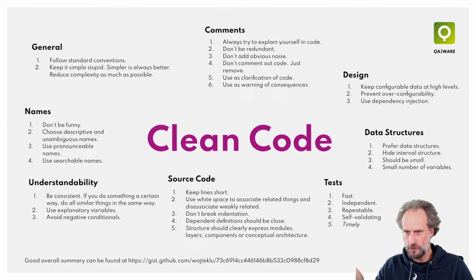So this is over-configurability. Be careful with that. Use dependency injection. And yes, you can use dependency injection on a Terraform infrastructure code level. You just need to know the tools that can help you with that. Have a look at the data structure, a small number of variables, and yes, have tests, right? Have tests at the infrastructure level. That is really important.